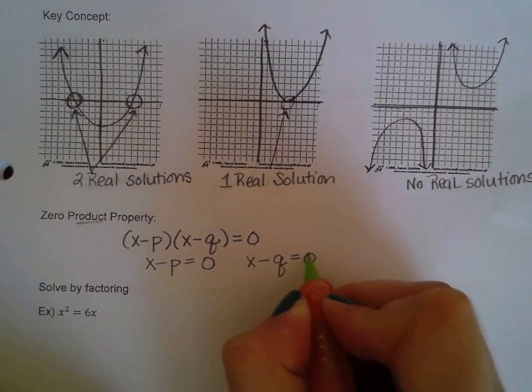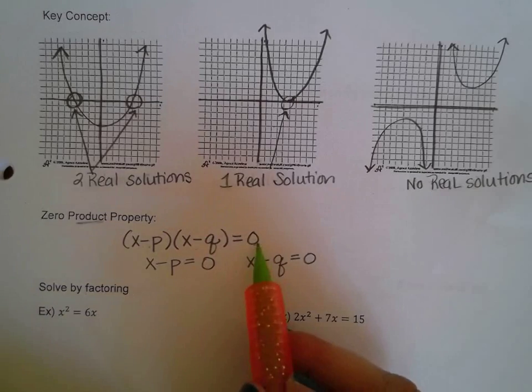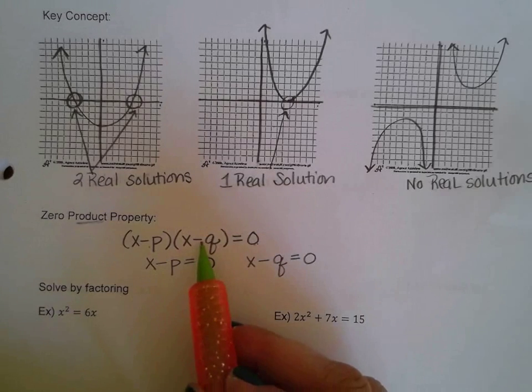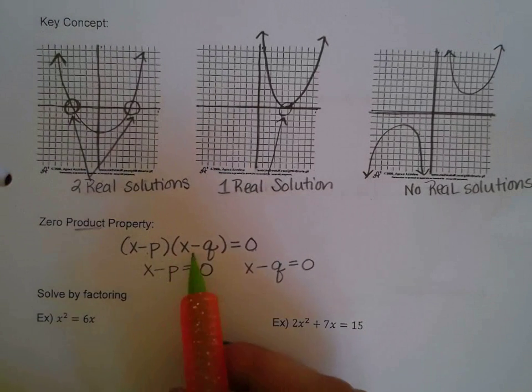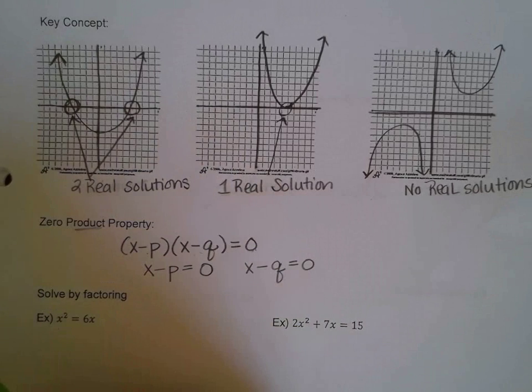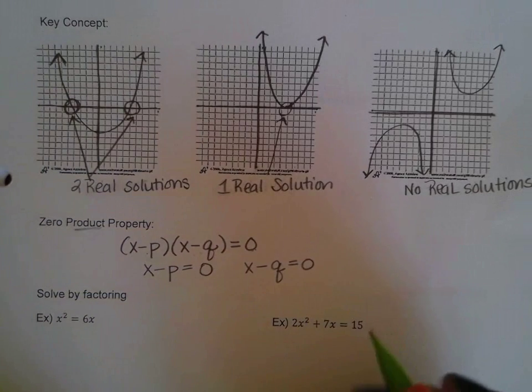We're allowed to take this one and set it equal to 0. We're also allowed to take this one and set it equal to 0. That's saying that in order for this product to equal 0, one of these factors has to be 0. 0 times anything is 0.